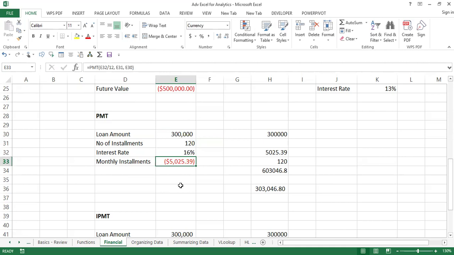If the number of periods, which is the same thing as number of installments, is in months, you divide it by 12. If it's yearly, you don't need to divide it by 12. Hope this is clear.